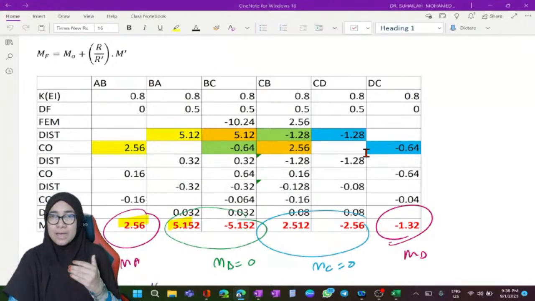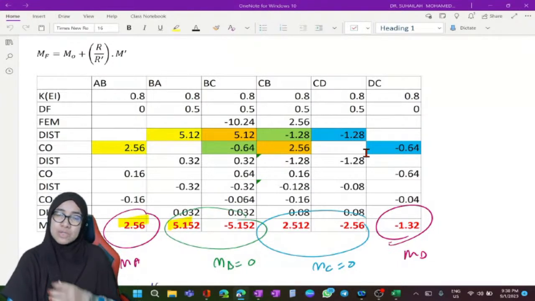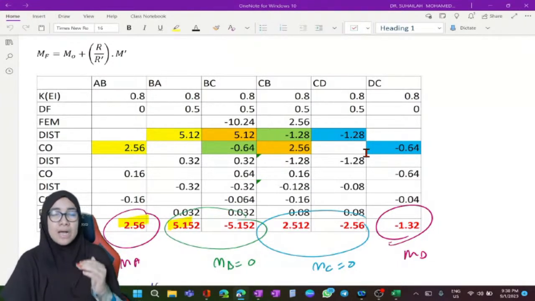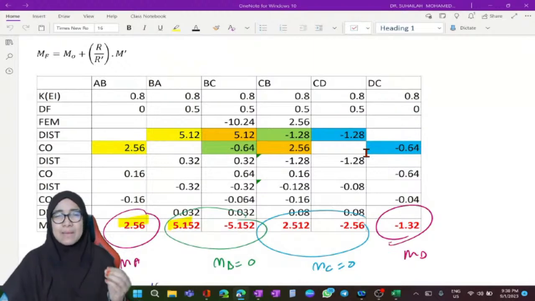Then we put this FEM into the table and repeat the same process: distribute, carry over, until the moment reaches 0, and we stop. And we total. So the process in the table for both table 1 and table 2 is the same, except the FEMs are different.